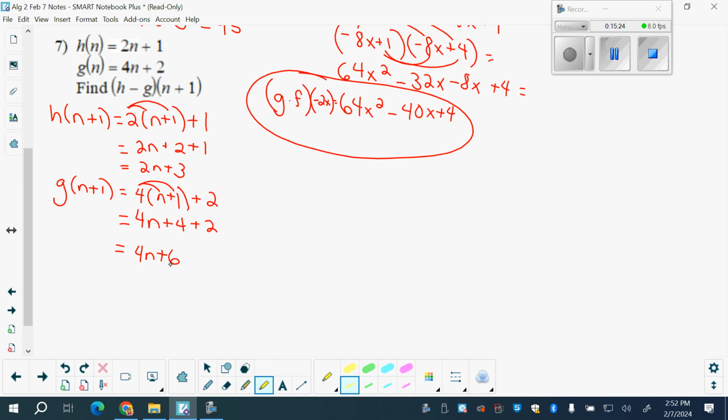And then we are subtracting. So does it matter what order we subtract? Yes, we have to put our h first. So we are taking our 2n plus 3, which is our h, and we are subtracting the g, 4n plus 6. And we have to put parentheses around that. And we are subtracting. So what would we do next?